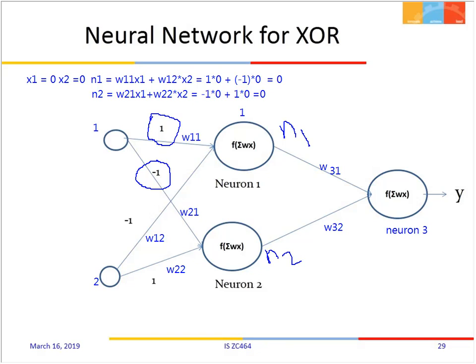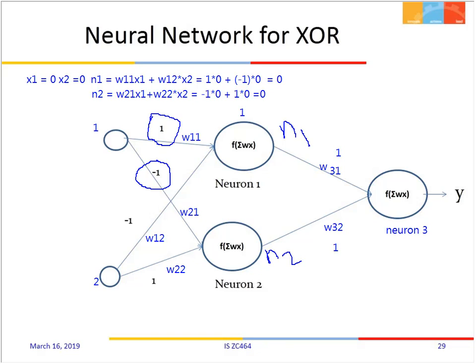Suppose I take W31 as 1 and W32 as 1, then what should get added for us to give a Y value of 0? Say, for example, I trigger this only if I find f of n1 to be greater than some threshold T1. If I'm taking T1 as 0.5, this itself is a 0, so I get f of n1 equal to 0, right?